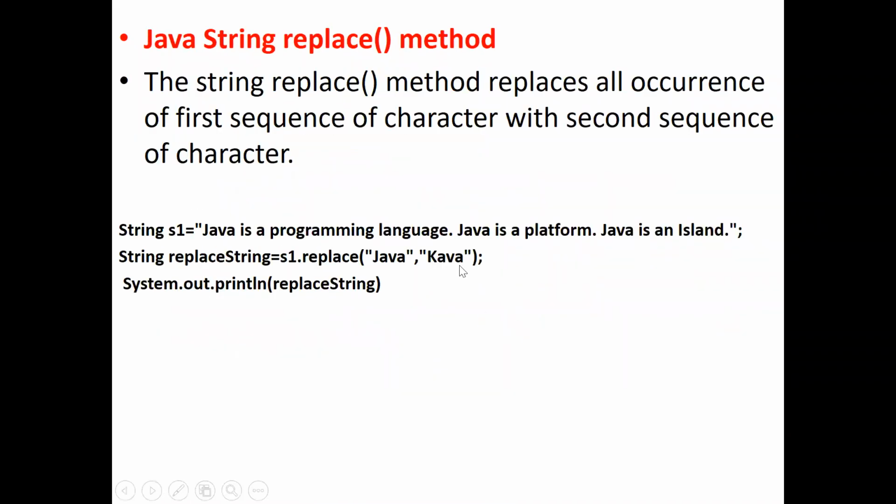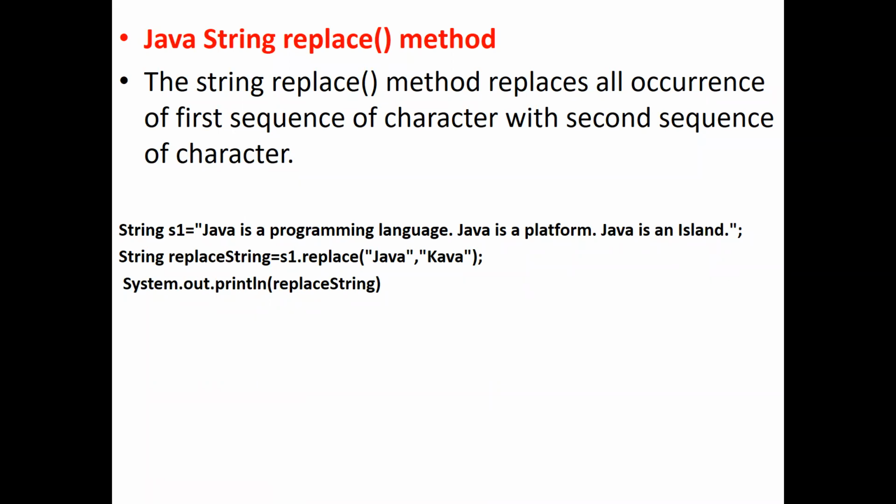And replace is there. Replace means, let's take a string that can have anything, followed by spaces or anything. If you want to replace some particular word with a different word, in such cases we can use the replace function. Let's see here: string s1 is equal to Java is a programming language, Java is a platform, Java is an island. So this is a string I have defined.